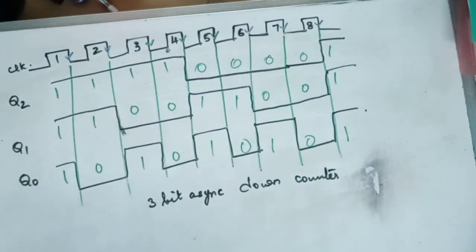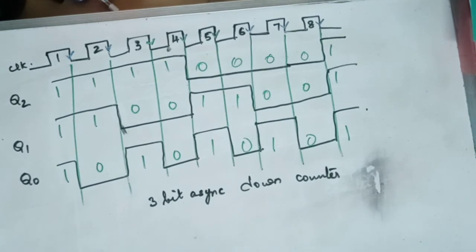So if you are asked to explain a 3-bit asynchronous up counter, you can first write the truth table, draw the circuit, explain how it is drawn and what the logic is, then draw the timing diagram. Similarly for the other circuits also.